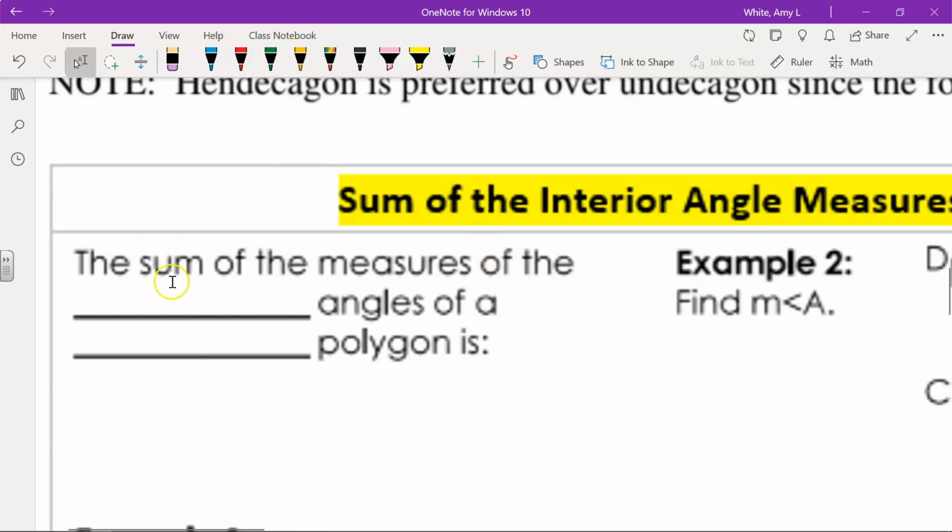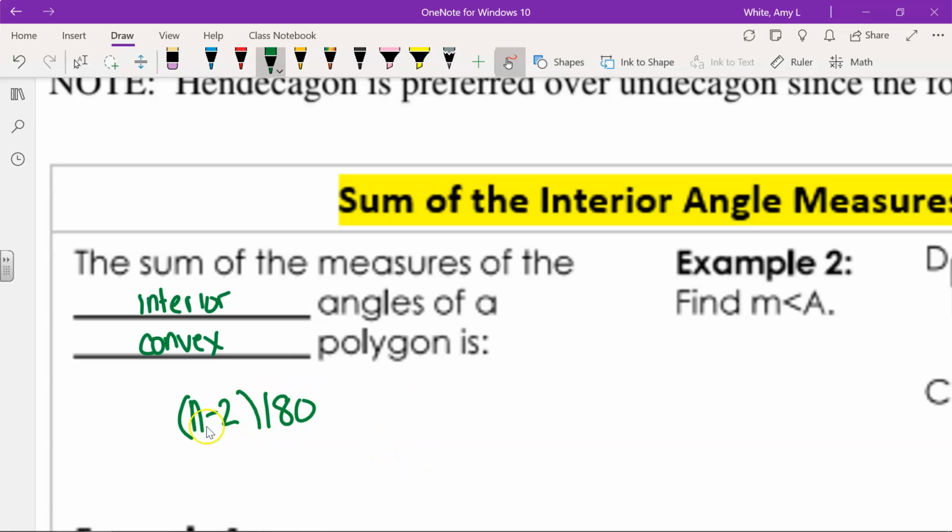The sum of the measures of the interior angles of a convex polygon, we are specifically talking about convex polygons, is n minus 2 times 180, where n is the number of sides. We normally use that variable n to talk about some quantity that is an integer. So in this case, it's the number of sides. You're not going to have a fraction of a side.